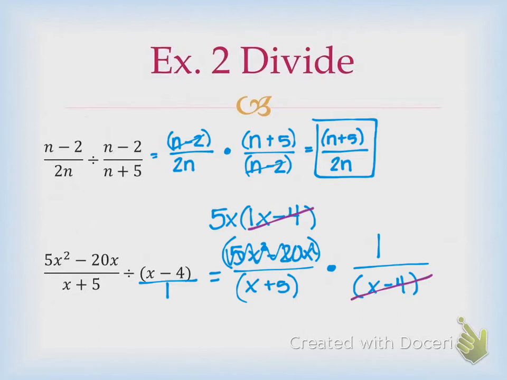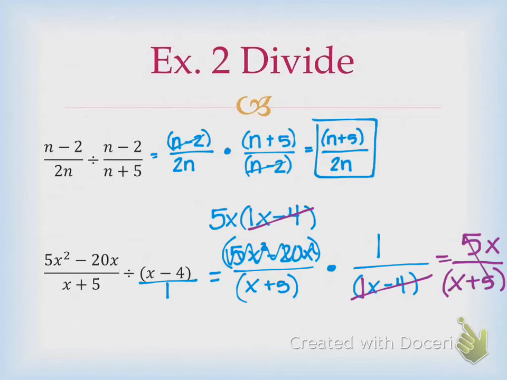But you say, but it's not identical because this one does not have a 1 in front of it. Anytime I have a variable without a number in front of it, what's the number in front of it? An understood 1. Exactly. So yes, it is actually the exact same thing. So now I'm left with 5x over x plus 5.